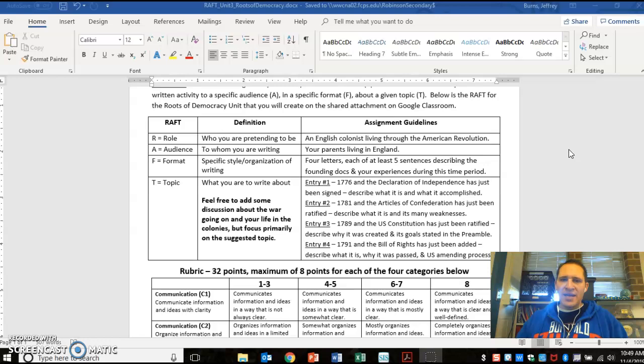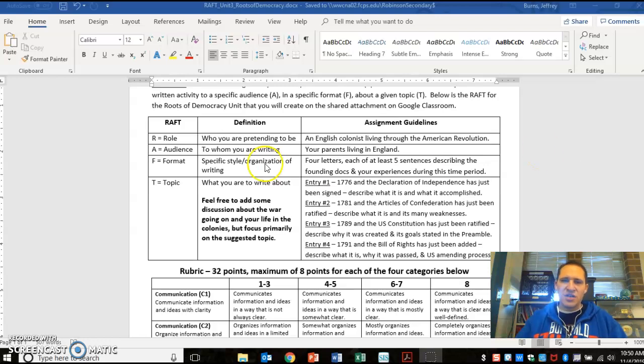The format for the 4 writing activities, the 4 entries, is letters of at least 5 sentences each, where you describe what's going on in your life, but also what the founding document is, what its goal is, why it was written, and some of its strengths and weaknesses, the good things and bad things, positives and negatives.